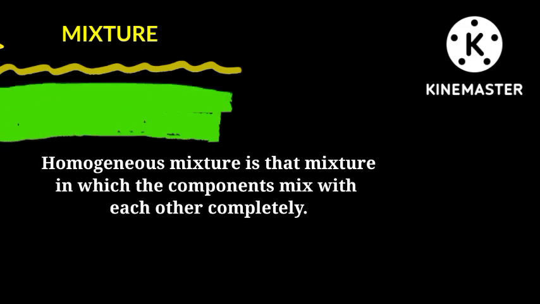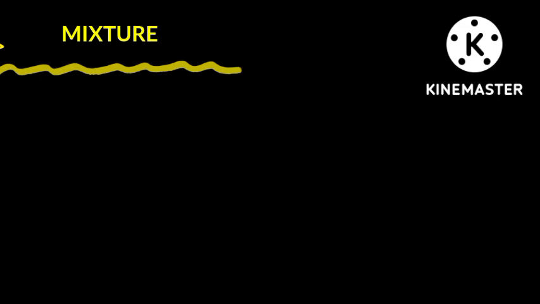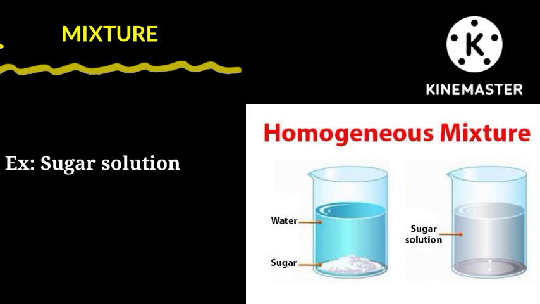A homogeneous mixture is that mixture in which the components mix with each other completely. For example, sugar solution. When we add sugar to water and dissolve it, the sugar will dissolve in the water completely and we form a solution.